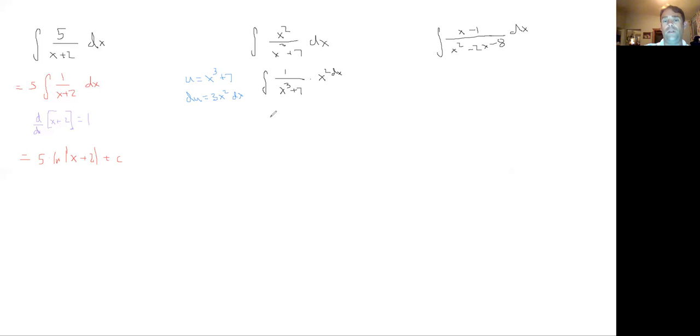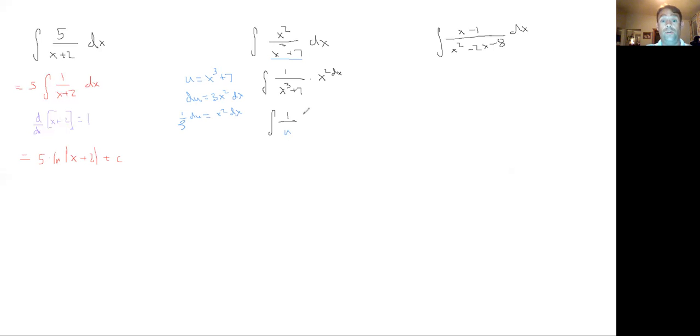So sometimes if I look at my exponent here, the derivative of this bottom was 3x squared. Well, I had an x squared, so I didn't have the full derivative. But by doing a u substitution, I can go ahead and make my natural log show up. So in place of x cubed plus 7, I would have had u.